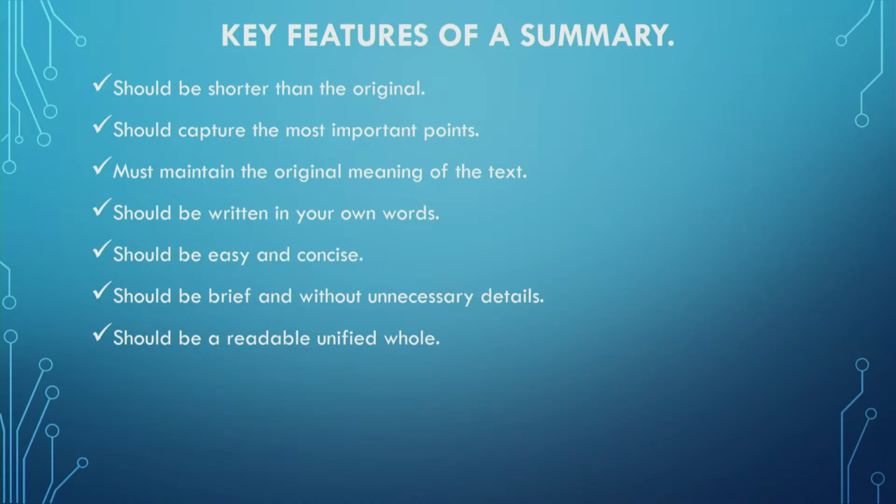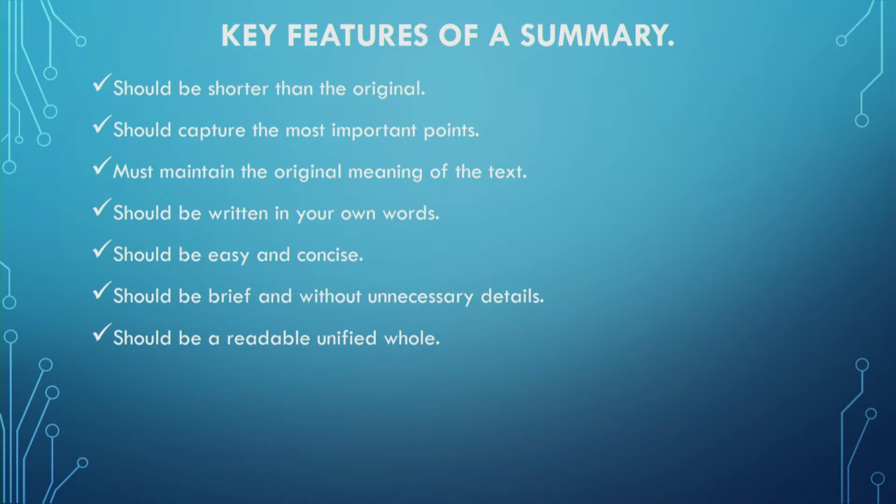We don't want irrelevant information, but we're only looking for important points. Thirdly, the third key feature, it must maintain the original meaning of the text. Remember, you do not change the meaning of the text. You can only use fewer words, right? You maintain the original meaning of the text.